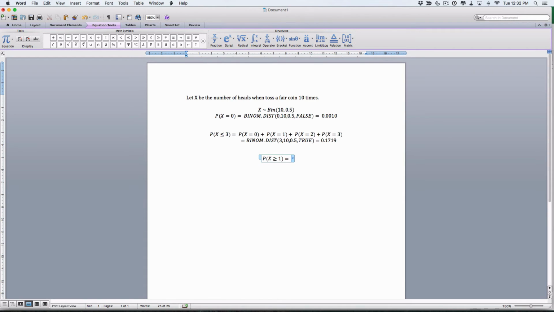Now, if you think about it, that means that we've either got 1 or 2 or 3 or 4 or 5 or 6 or 7 or 8 or 9 or 10. And I can write all that down. But actually, the nice thing is instead, you can simplify this, as we covered in the lectures, by going this is 1 minus the probability that x equals 0. Much easier way of doing it.